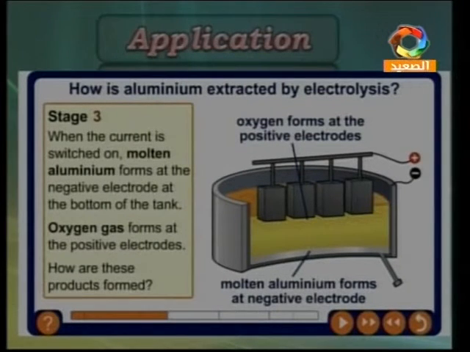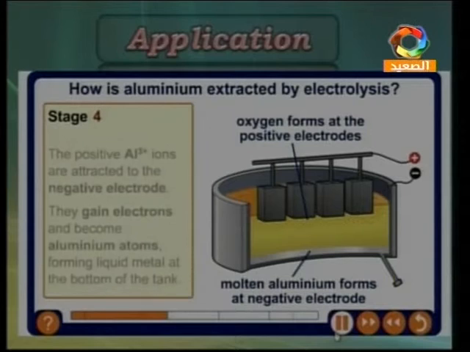The positive ions collect at the negative pole, and the positive electrode collects the oxygen from the negative ions. So in stage 3, when the current is switched on, molten aluminum forms at the negative electrode at the bottom of the tank, and oxygen forms at the positive electrodes. How are these products formed?